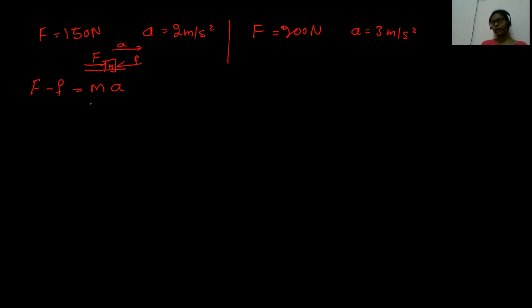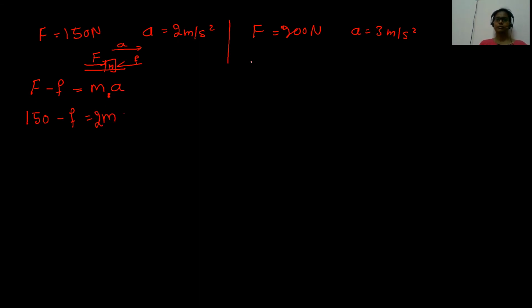Here F applied is 150 newtons, minus f is equal to m, the mass of the block we need to calculate, and acceleration is 2. So I'll write it as 2m.